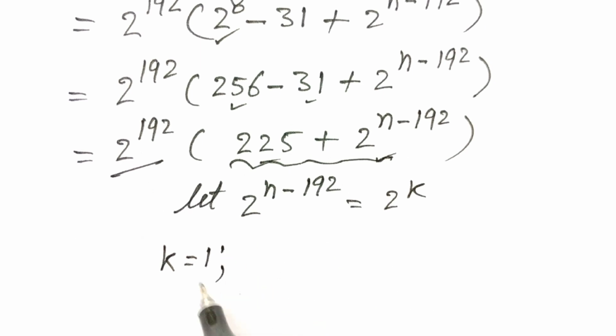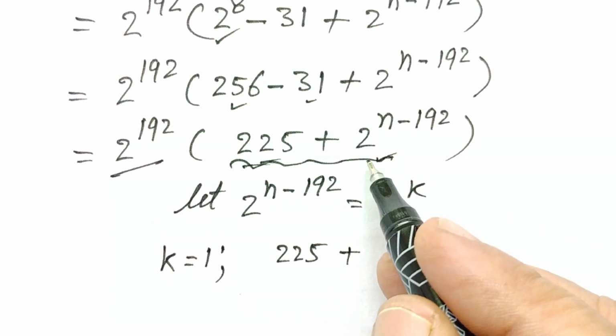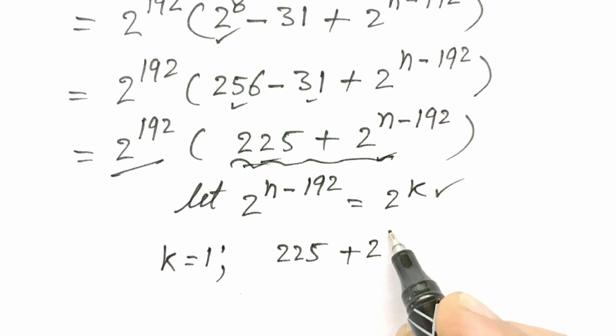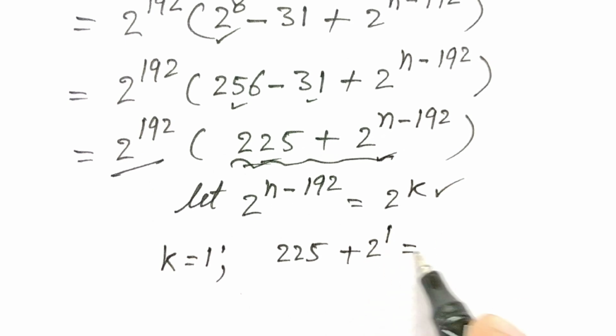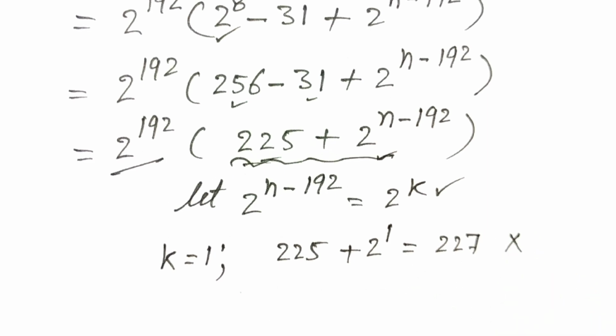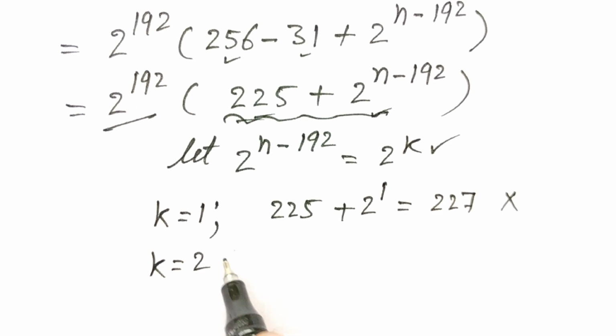So this 225 plus here 2 to the power k, so 2 to the power 1. This value will be 227. This is not a perfect square, right? Same way we can put k equal to 2.